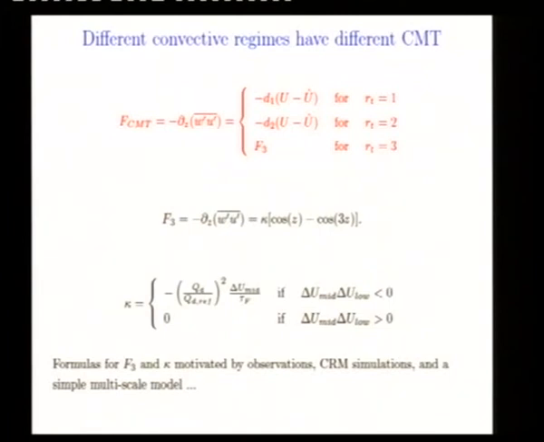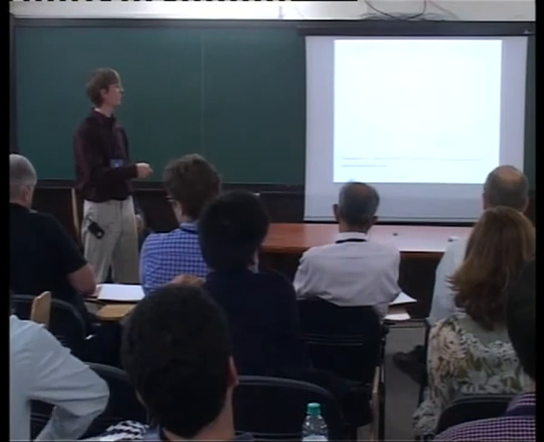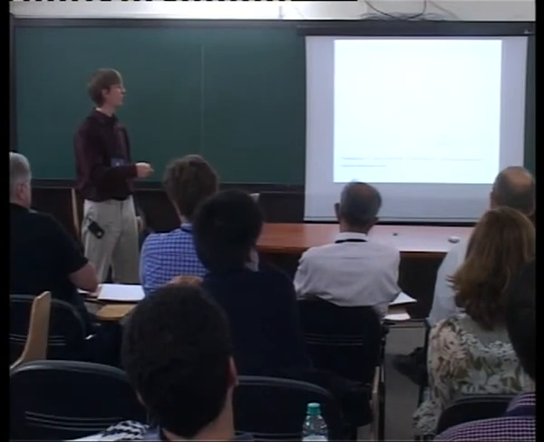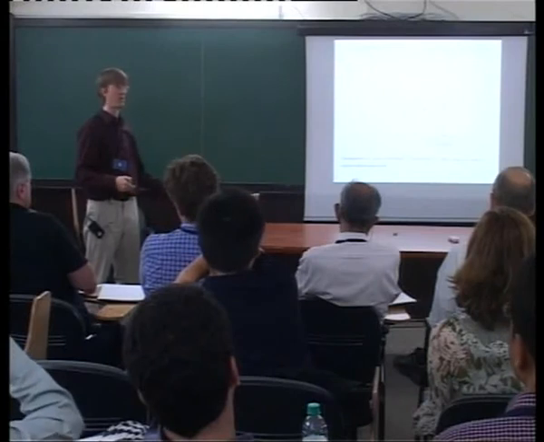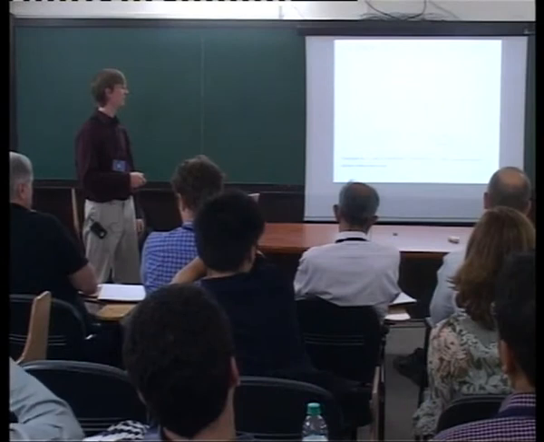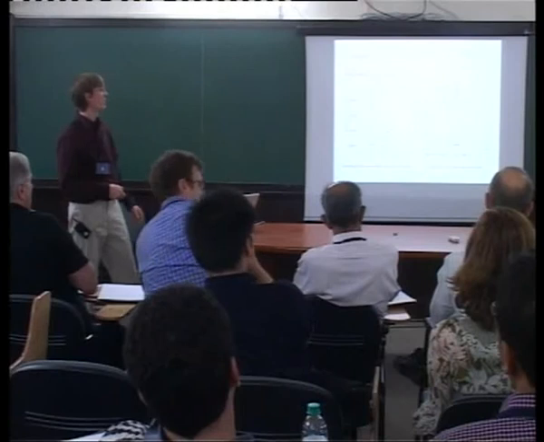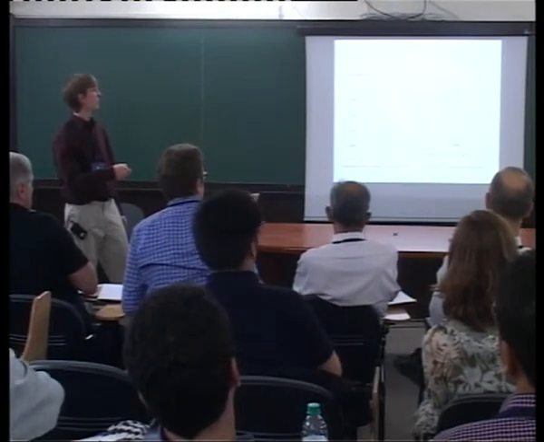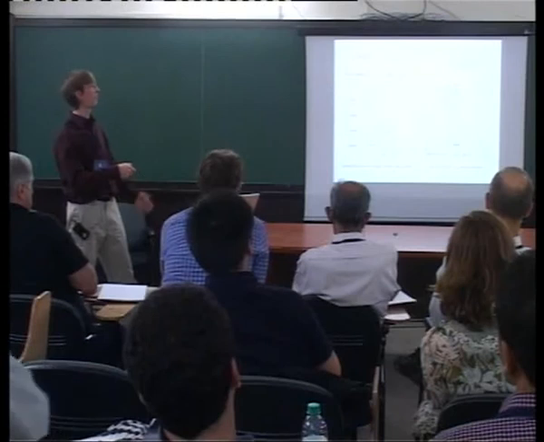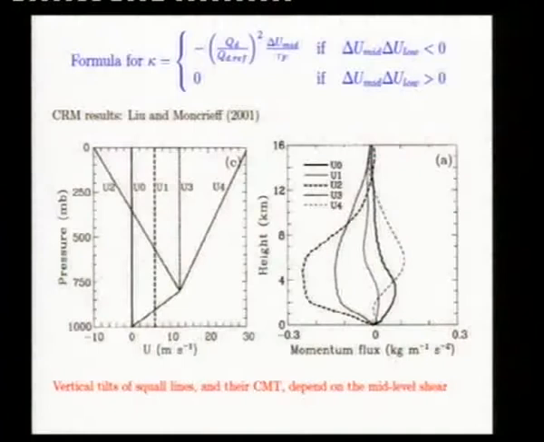There are quite a few things to choose here. One thing to choose is how strong the momentum transport due to the squall line should be. It's going to depend on the moisture and the middle level wind shear. We chose this type of formula based on some of the cloud resolving model results of Liu and Moncrieff. They did 2D cloud resolving model simulations using different wind shears.